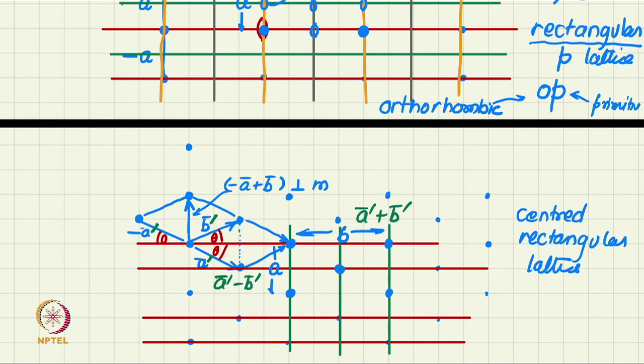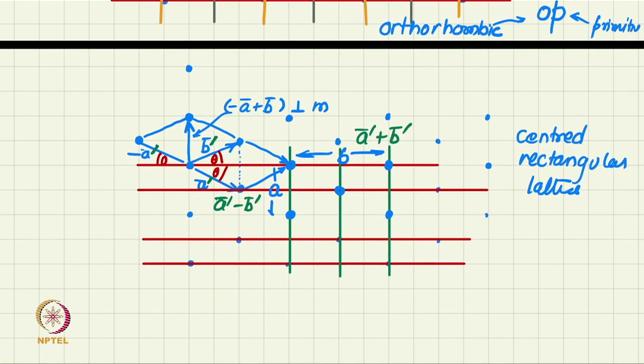So they are not constrained, unless A and B themselves had some relation which will make them equal. That will be accidental or coincidental. So this we will call orthorhombic C in terms of symbol, or centered rectangular lattice.